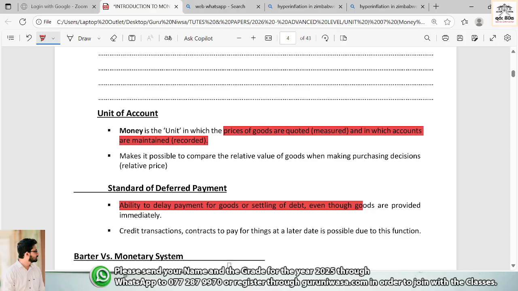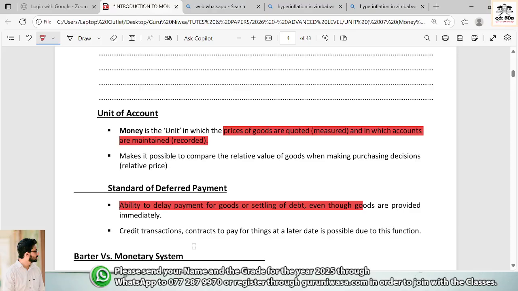Credit transactions, contracts to pay for things at a later date, are possible due to this function. Credit cards are an example of the standard of deferred payment. If you have a credit card, you go to maybe Abans or Damro, anywhere, and you can buy something today without making payment. Using the credit card you can buy something, and you agree to pay the amount due after 1 month, in what form?